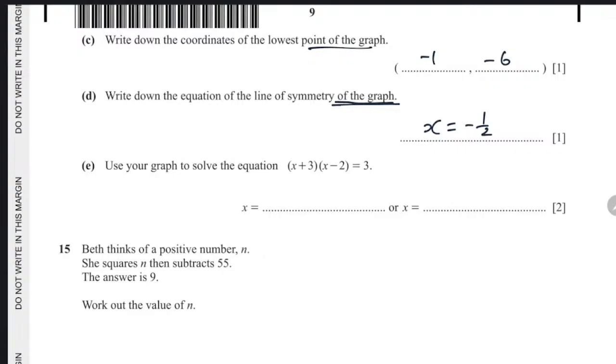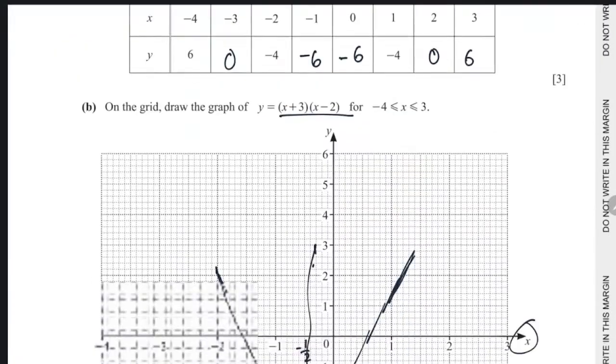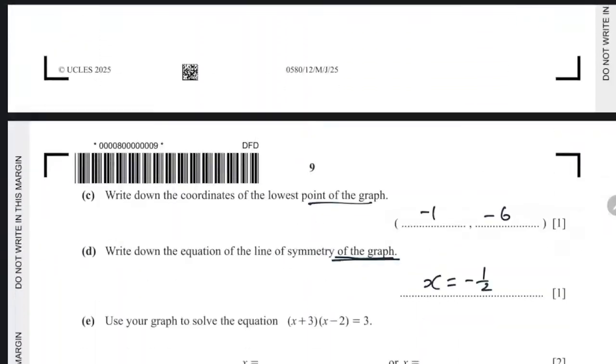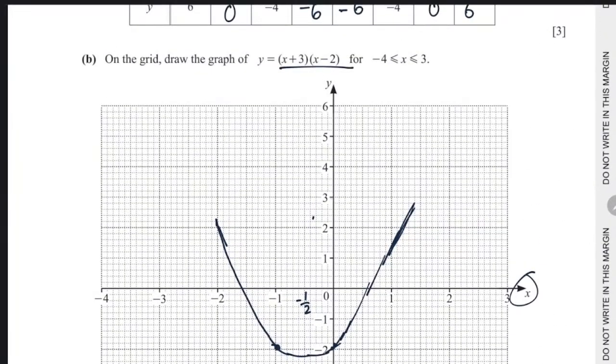Use your graph to solve the equation. Okay, if they said this, which is the same thing you just sketched, and they say it is equal to 3, you just go on 3, then you put a line. It is going to cut the curve at 2 points.